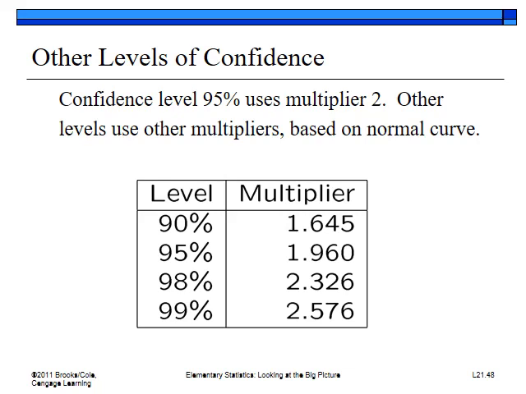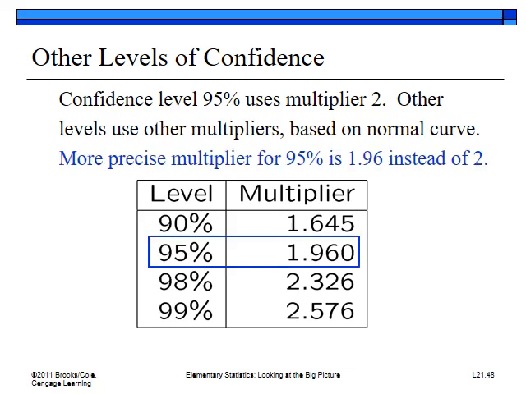That's because under the normal distribution, 98% of the area falls between z-scores of negative 2.326 and positive 2.326. If you want to be more precise about your 95% confidence interval, you'll use 1.96 instead of 2.